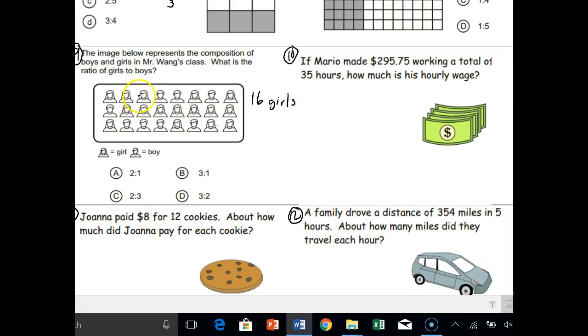And then how many boys do we have? We have 1, 2, 3, 4, 5, 6, 7, 8 boys. We want girls to boys, so basically just 16 over 8. If you simplify by 8 on both, you get your answer of 2 over 1, or just 2 to 1. A.